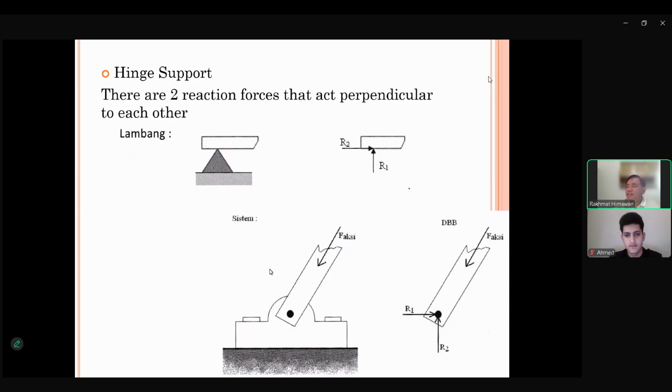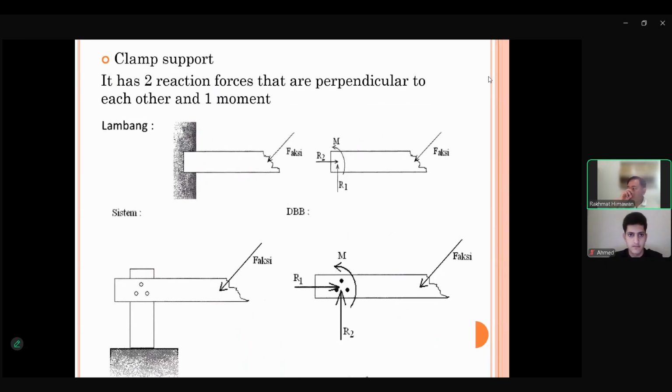And the last one is clamp support. So this one is just a clamp really attached to the wall, the rod. And this is the action force. So for the reaction, now we have two reaction forces plus a moment, as we discussed last week. So we have an action force that is tilted like this in the picture.